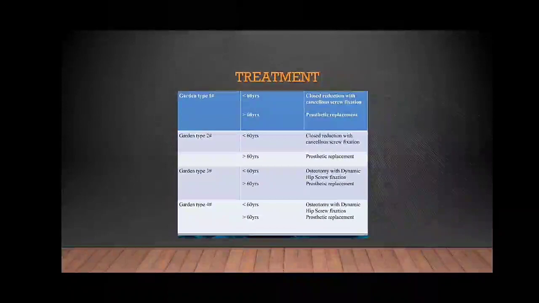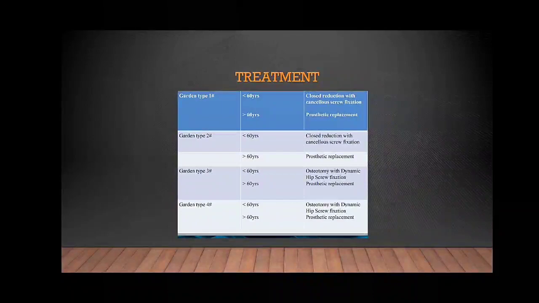If patient is more than 60 years physiologically as well as patient is osteoporotic, then we go for the prosthetic replacement. In Garden type 2, if patient is less than 60 years, we prefer the fixation, which is done by the cancellous screw fixation.